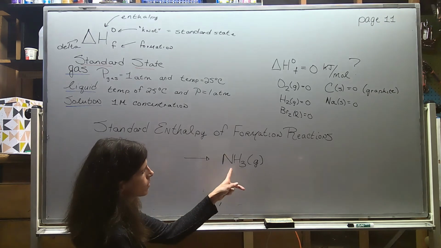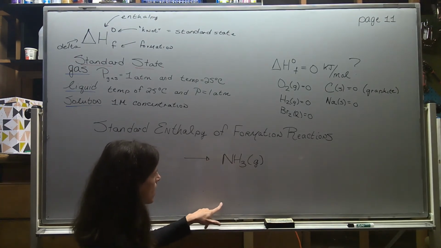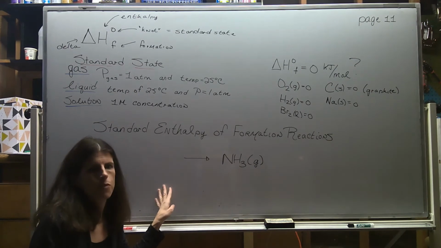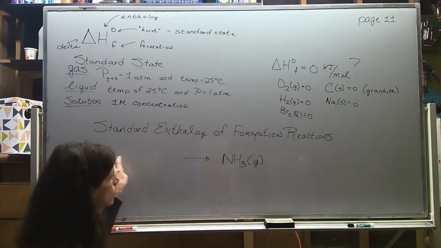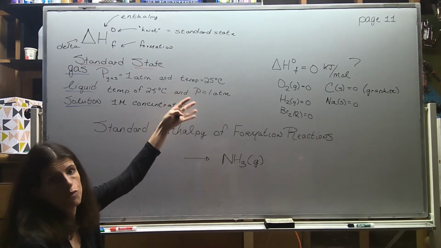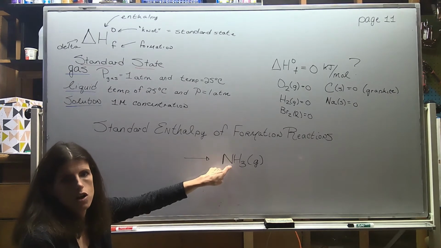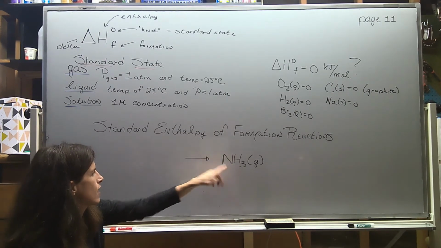So this is what we need the enthalpy of formation for, and we don't want any other values to get in the way. So when you're writing an enthalpy of formation reaction, you want to put your reactants as things that have known 0 values, so that the only thing you're measuring is the heat associated with forming this compound. So for instance here, this has nitrogen in it.